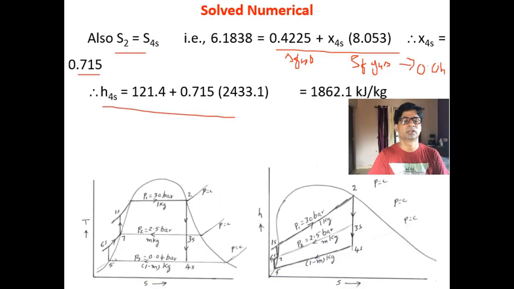And now you calculate H4s. So once again, this is HF4 or HF4s plus X4s, this is X4s you just calculated, and this is HFG4s.